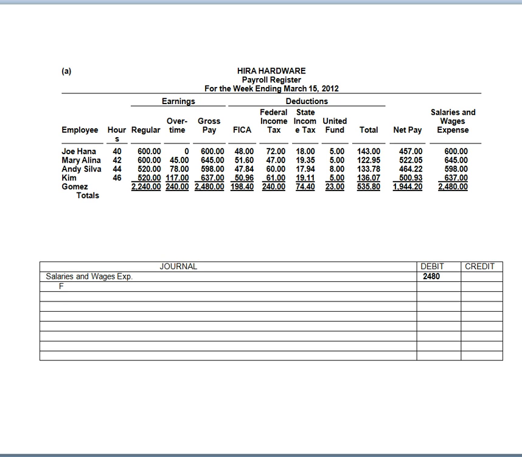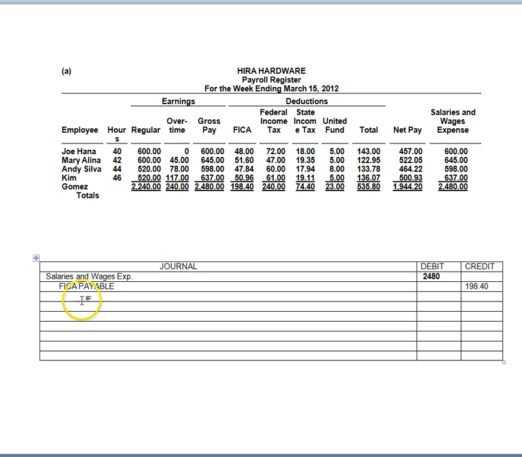So we'd want to type in FICA payable, and we put that amount in as a liability. So it's 198.40. And then we'd want to take the federal income taxes payable.